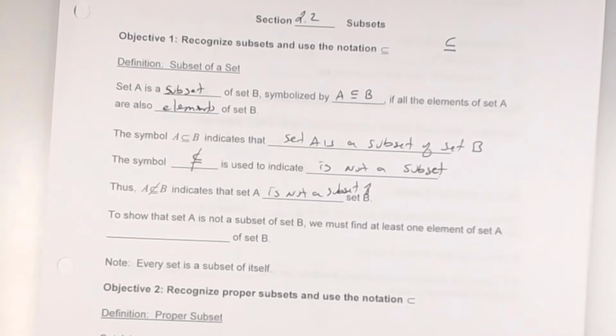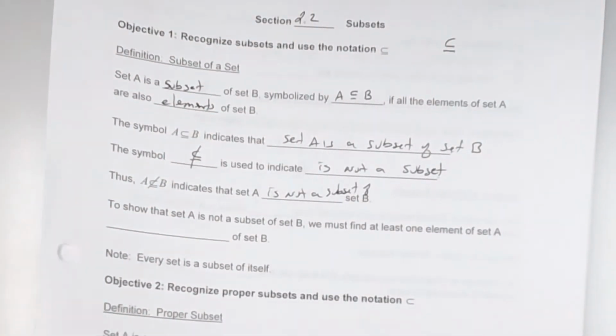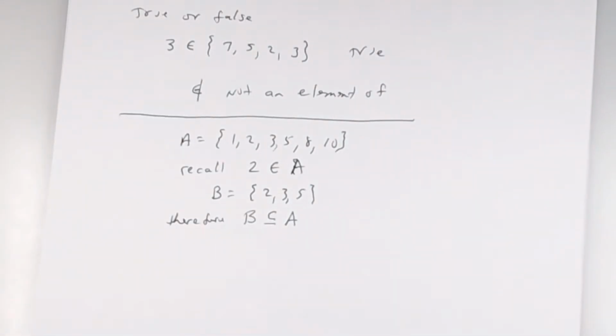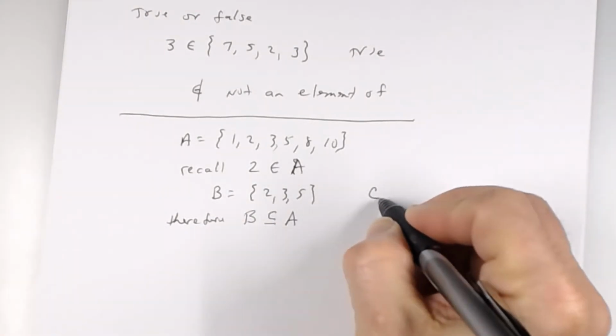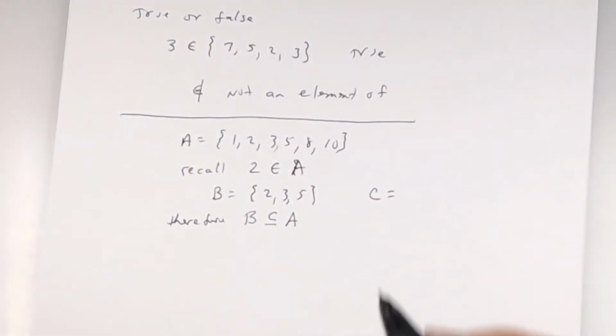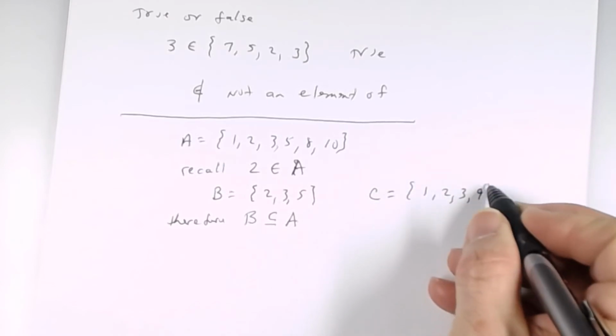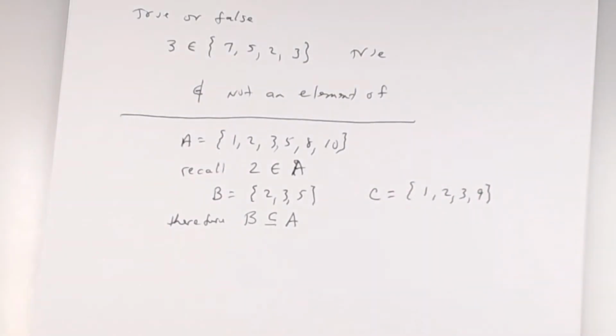All right, now here's the question. I'm going to go back to our example we were working on, and I'll come back to the rest of this. Let's suppose C is 1, 2, 3, 9. C has the numbers 1, 2, 3, and 9.